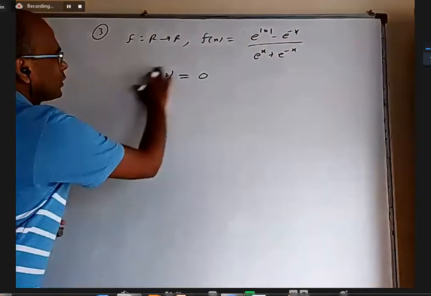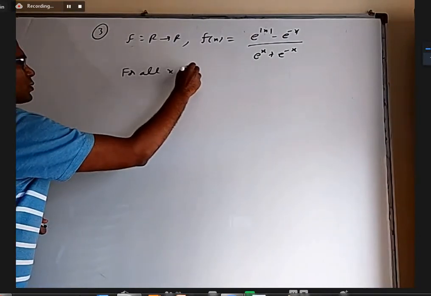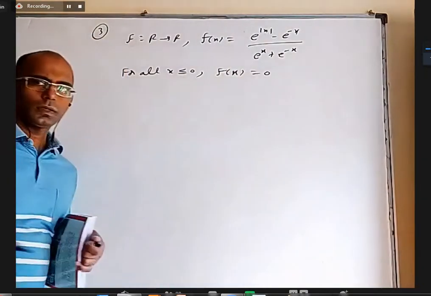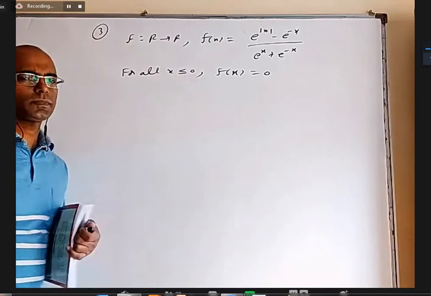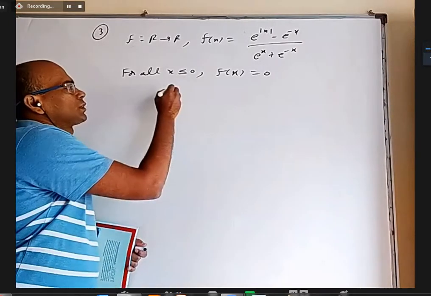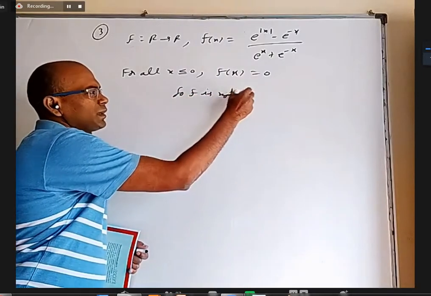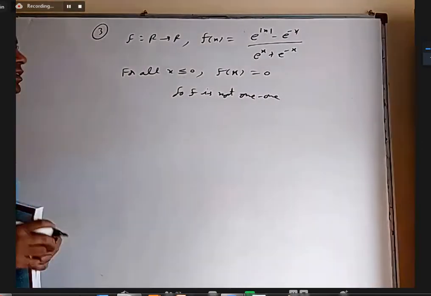So for all x less than or equal to 0, f of x is 0 only. Whether you take minus 1, minus 2, minus 3, minus 0.2, doesn't matter. 0 itself also. So f is not 1, 1, because many numbers have same image. Minus 2, minus 3, minus 5, all of them have same image.